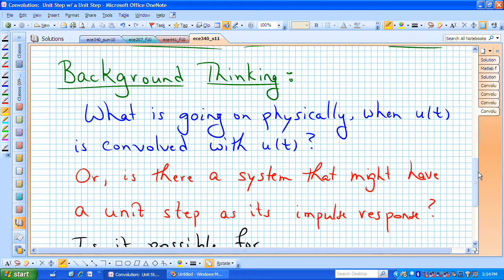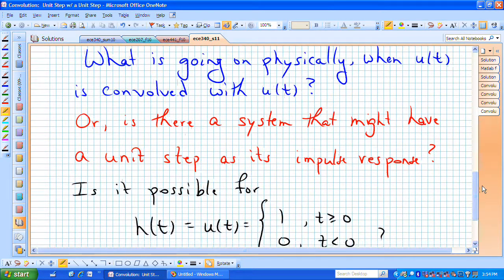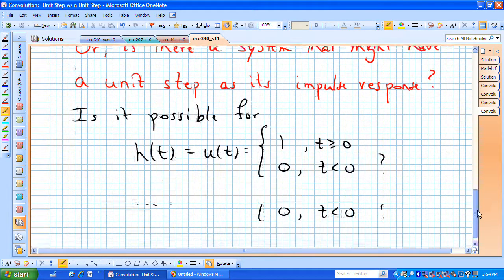Just a little background to get us thinking about what's going on. What is actually going on physically when the unit step is convolved with the unit step? Another way of asking a similar question is, is there a system that might have a unit step as its impulse response?